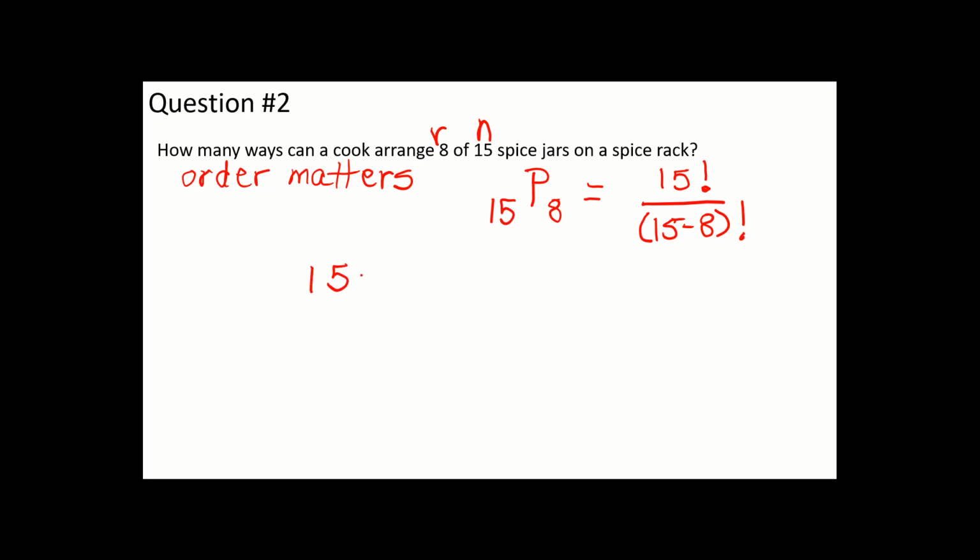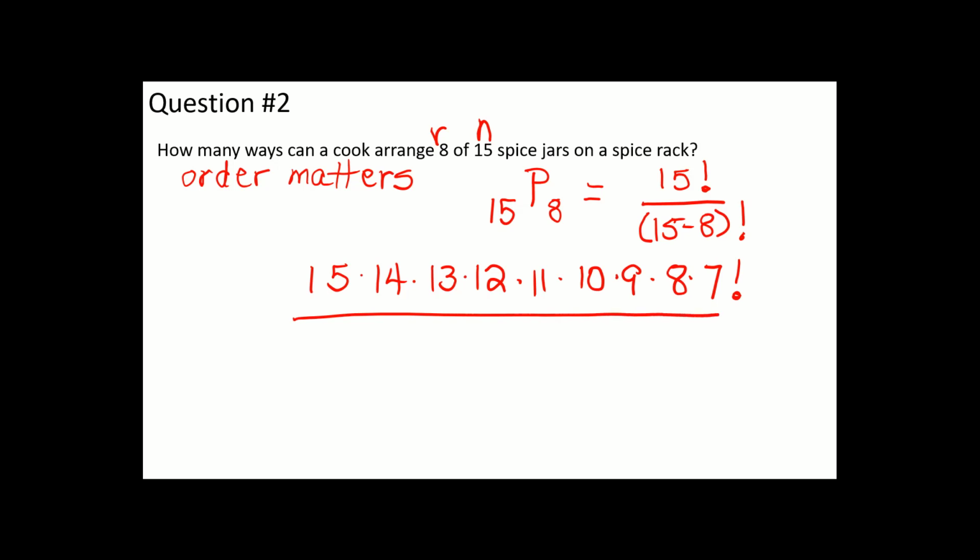If we write it out, it's 15 times 14 times 13 times 12 times 11 times 10 times 9 times 8 times 7, and I'll stop at 7 factorial because 15 minus 8 is 7. So our numerator is written out.